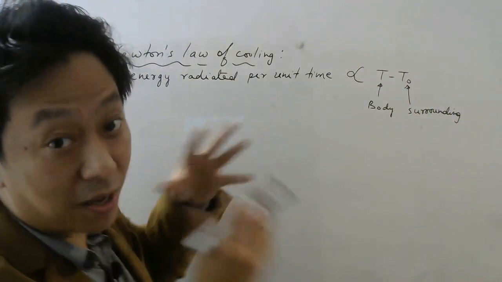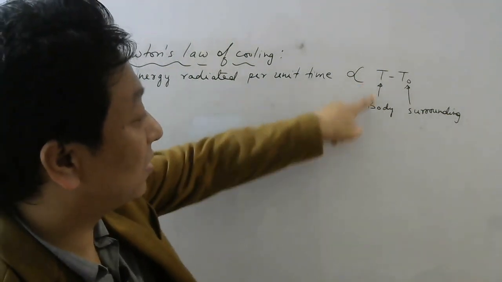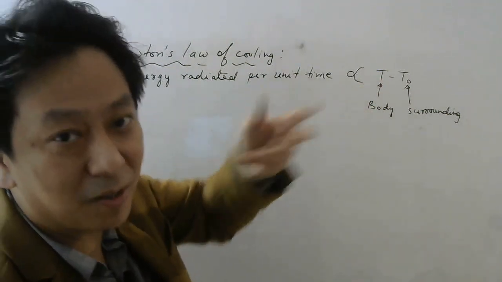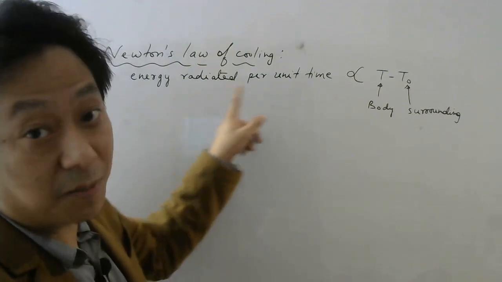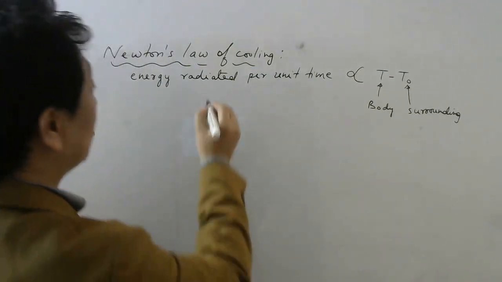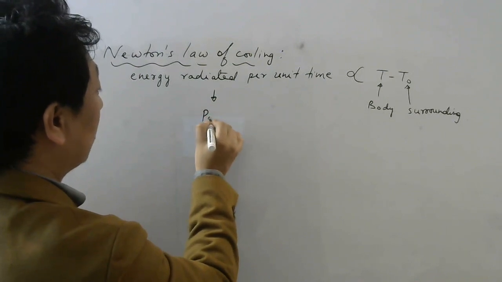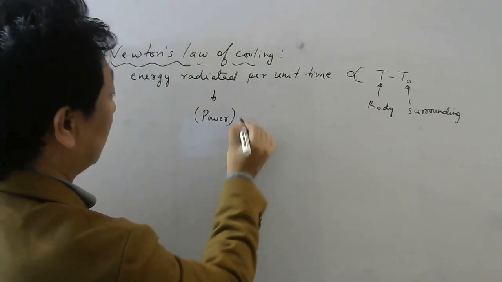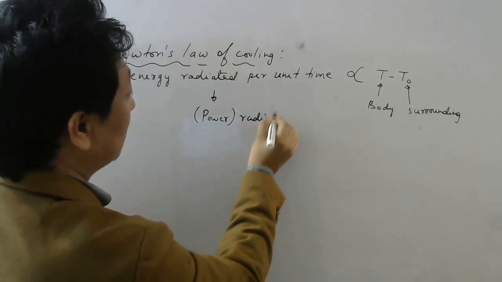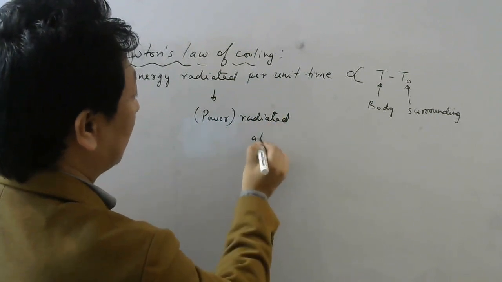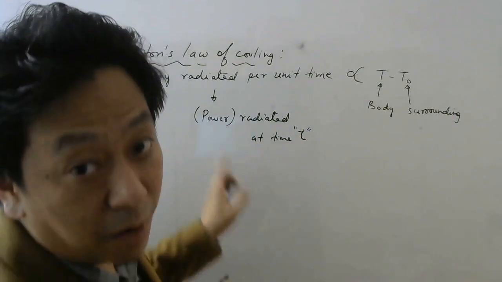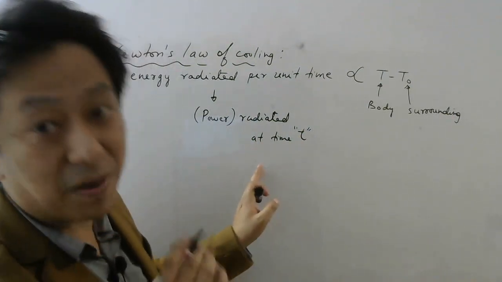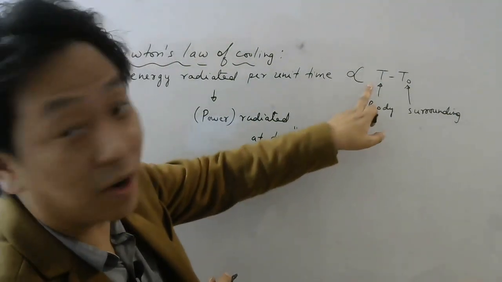It says the energy radiated by a hot body whose temperature is T at any particular time per unit time. So again, energy radiated per unit time. So this is also equivalent to power radiated, isn't it? Radiated power, or power which is radiated at some particular time, at time t. So the power radiated at any particular time is proportional to what?